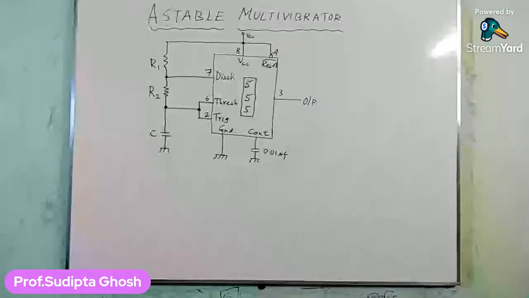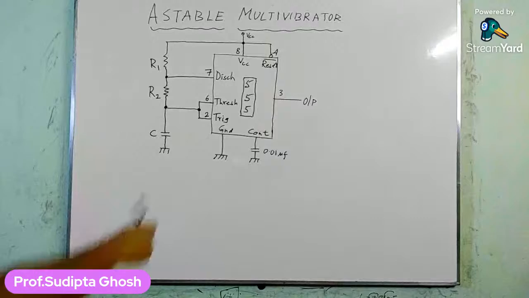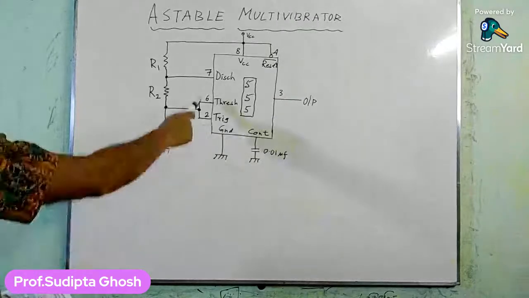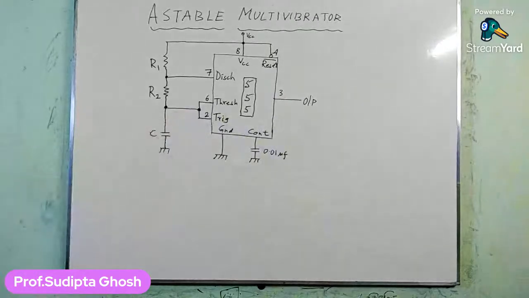Now, what was pin number 2? From our block diagram or internal structure, pin number 2 is the trigger input and pin number 6 is the threshold input.